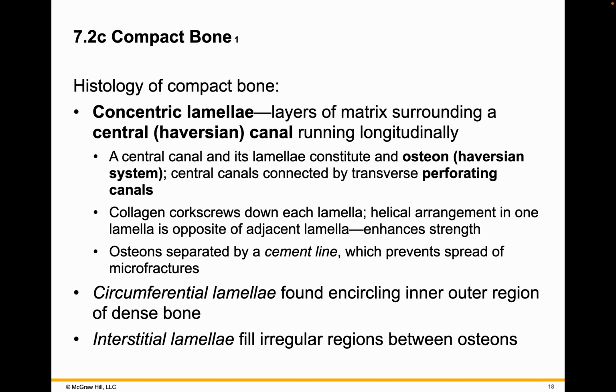There's a helical arrangement, and one lamella is opposite to the adjacent one, and this enhances strength. Osteons are separated by a cement line, which would prevent the spread of microfractures. There's a circumferential lamellae found encircling the outer region of dense bone, and there are interstitial lamellae that fill irregular regions between osteons.